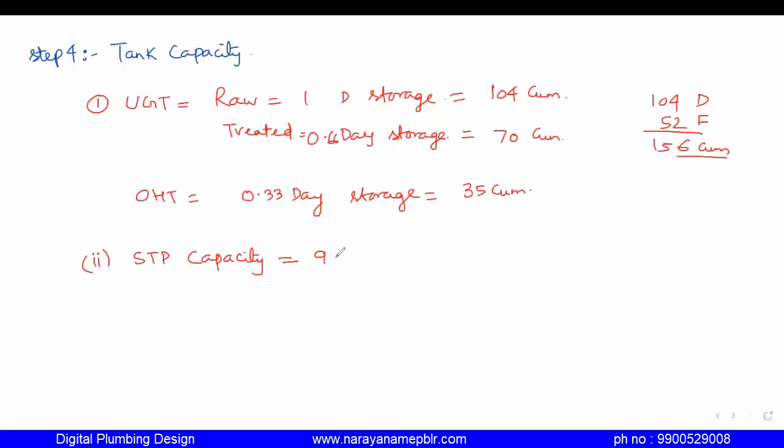STP capacity we can take as 90 to 95% of 1 day storage. So how much will come? Take 90, this is the range. So how much are you getting? 90% of this value, 156, I'll get 140.